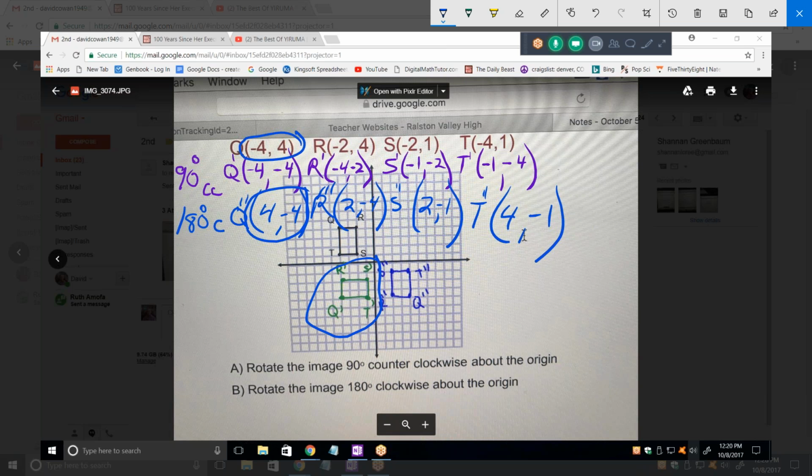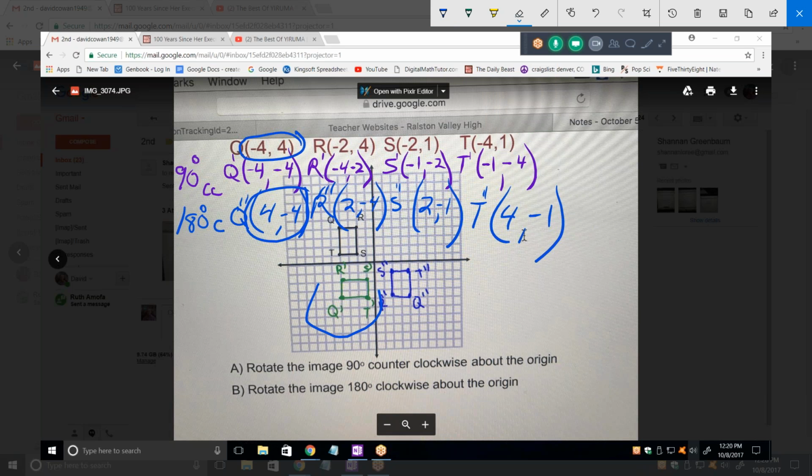Take this line and rotate it counterclockwise 90 degrees, making that a right angle. In other words, the green turns into the blue. Right? Well, that's meaningful.